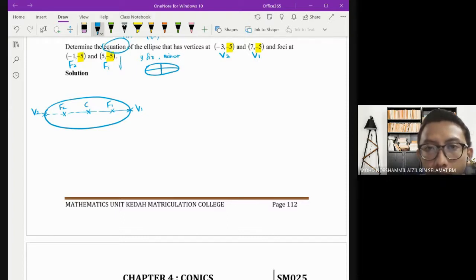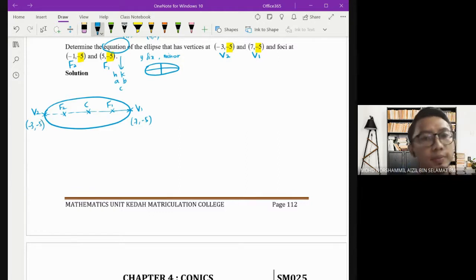To get the equation, we need H, K, A, B, and C. We must have all of those. So let's label V1, V2, and so on. V1 is 7, minus 5, guys. V2 is minus 3, minus 5. Okay, who can guess the center?